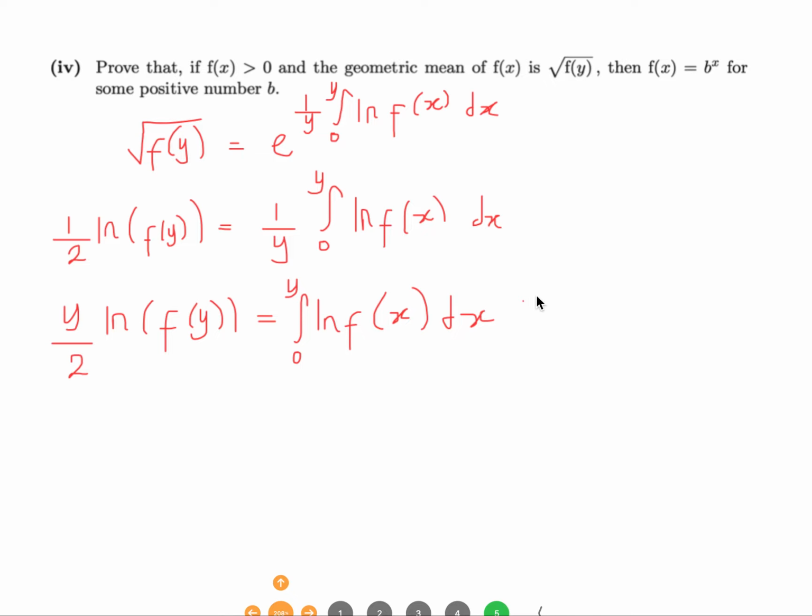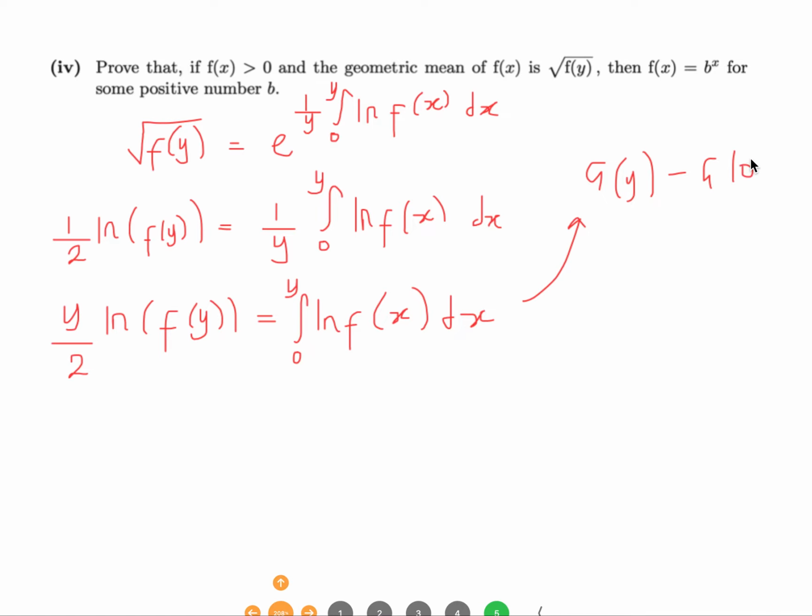Now, the integral of this is, well, I shouldn't really use a capital F because that's been defined differently here, so let's say the integral of this is some function g. Well, what we're going to end up with is g of y minus g of 0.